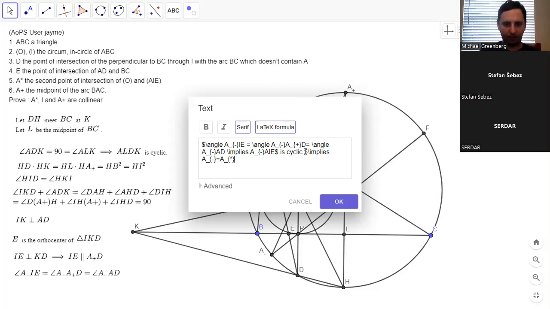And that implies that A star, I, and A plus are collinear.